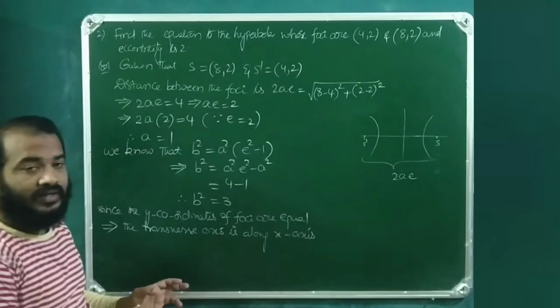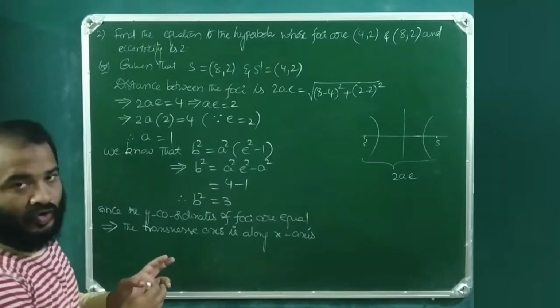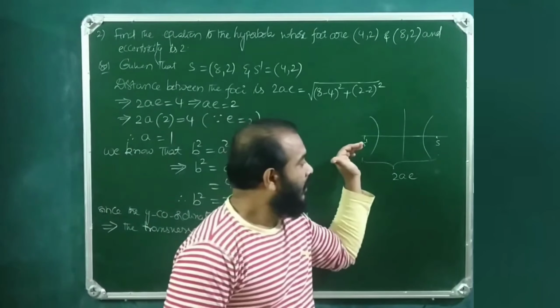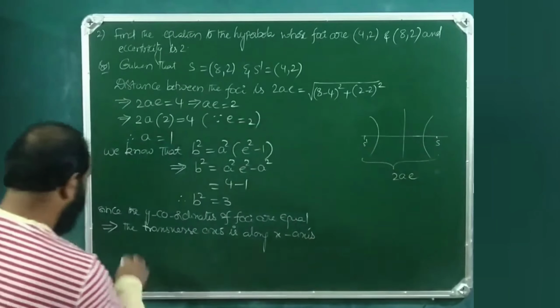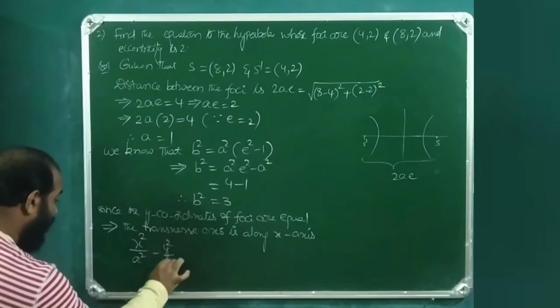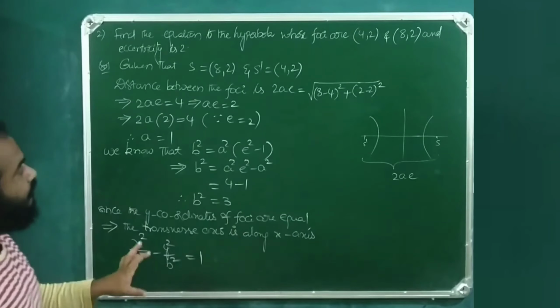So what is the equation of the hyperbola whose transverse axis is along the x-axis? x square by a square minus y square by b square equals 1.